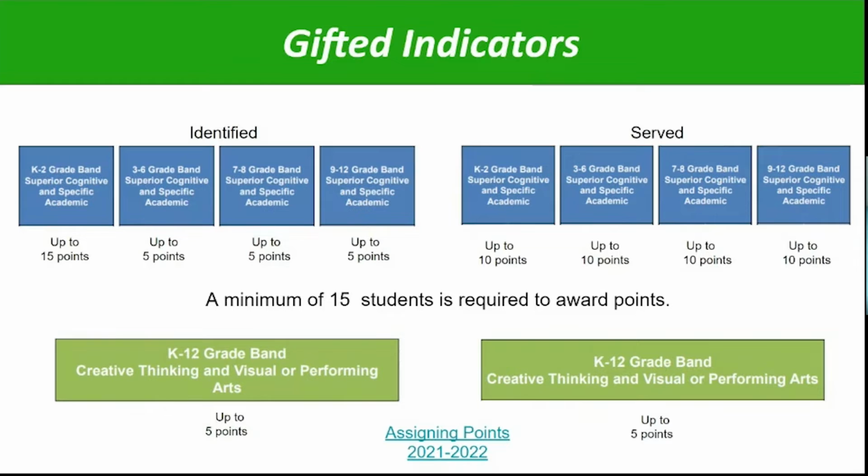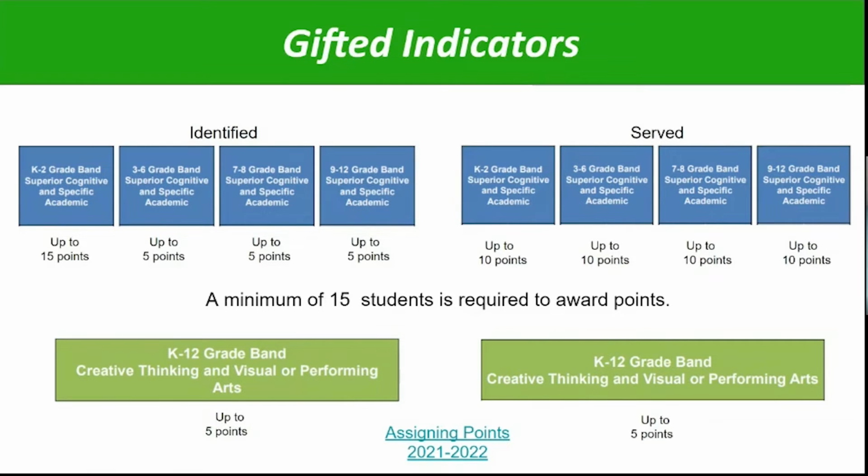And then for all the other categories, 3 through 6, 7, 8, 9, 12, those are each worth 5 points. One of the things that many districts noticed is that for a lot of us, we're not identifying in that K1 band. So it gets a little difficult to earn the full 15 points for that.